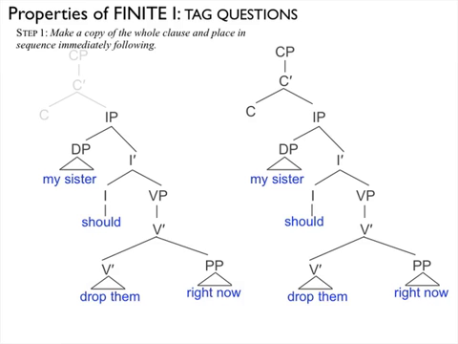You have to dial in what is in the I node as well as what's in the subject slot of the clause. So one way of thinking about how you build a tag question is you could say, well, make a copy of the whole clause and stick in a C slot in it. Make sure that C slot is there for you. And the reason I put it on the left in faded-out font is that one theory is that all clauses are really CPs.